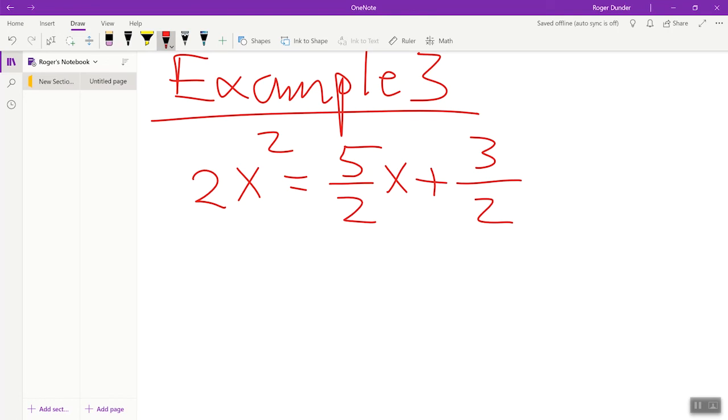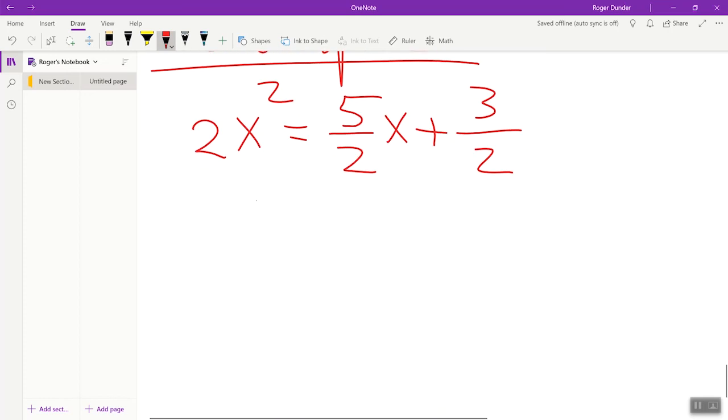Okay. What is A? What is B? What is C? Well, you have to get things in standard form before you can answer that question. So let's move things around to get it in standard form.